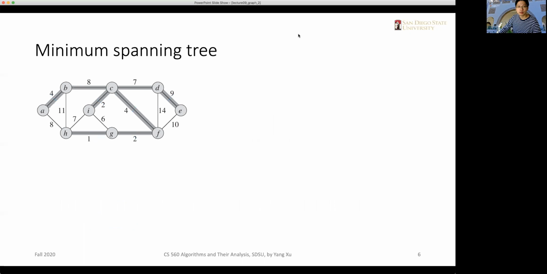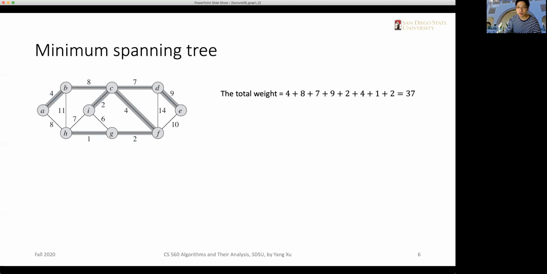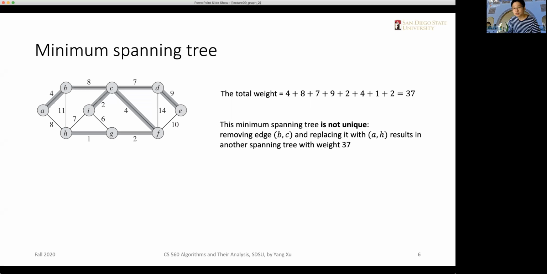Okay, after laying out the definition, let's look at this particular example again. If we sum up all the weights of this example, we will find that the total weight is 37. And actually, this is not the unique minimum spanning tree. Basically we can remove the BC edge, remove this one and replace it with AH.